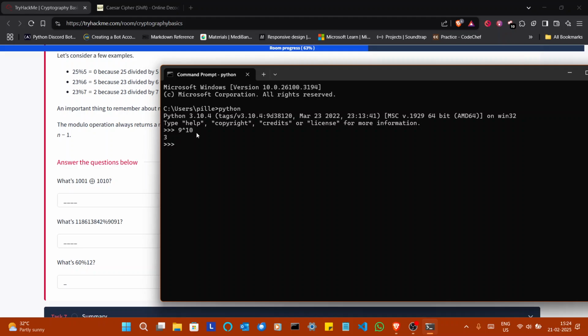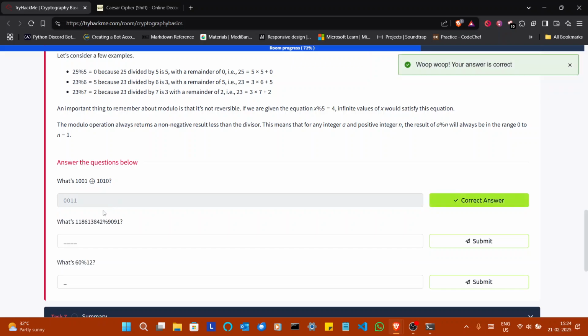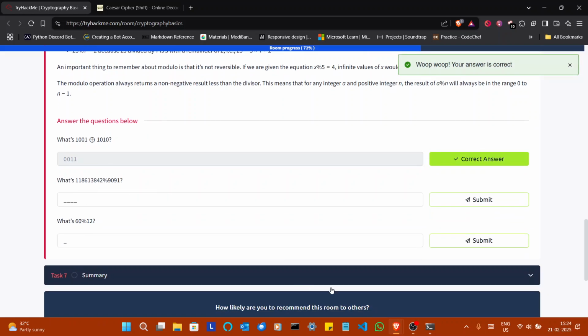Now we get 9 XOR 10, the result is 3. So we have to convert the 3 back to binary. So 0011 will be the representation of 3 in binary. Now let's move to the next question.